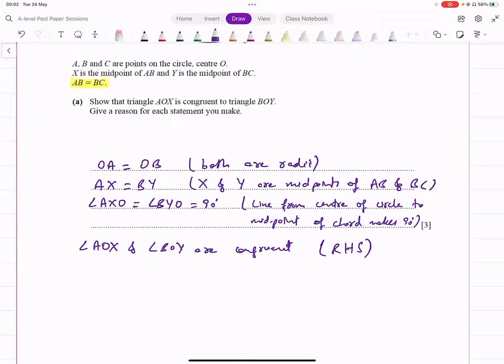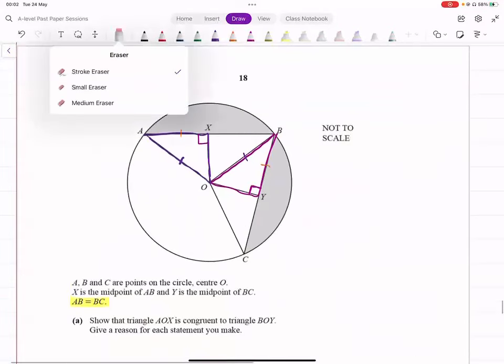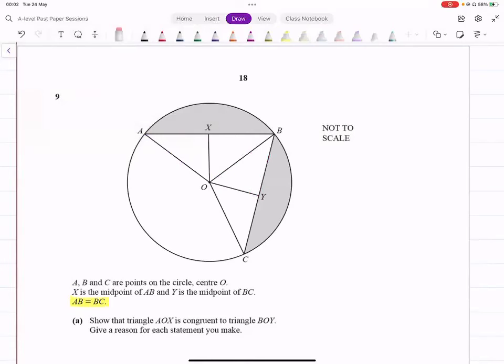Okay, let's move on. Now part B says the circle has radius 4 centimeters and AB is 7 centimeters. Calculate the angle BOA. Okay, radius is 4, AB is 7. Radius is 4, so that means OA is 4, OB is 4.